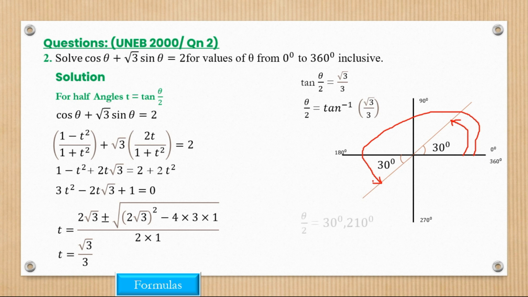So we would have gotten values of 30 and 210. But since we're going to be multiplying by 2, this will be out of range, because 2 times 210 is 420. So we only remain with the answer here. 2 times 30 is 60, and that 60 is the only one that remains relevant for this number. Alright, so that's the answer.